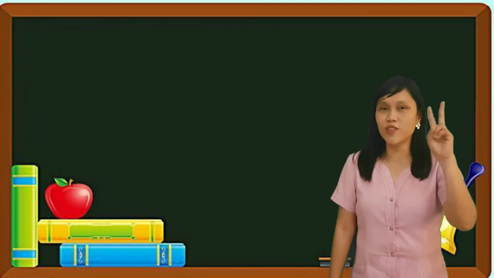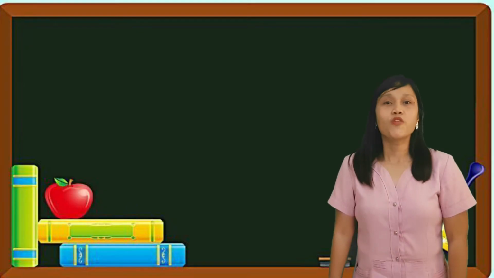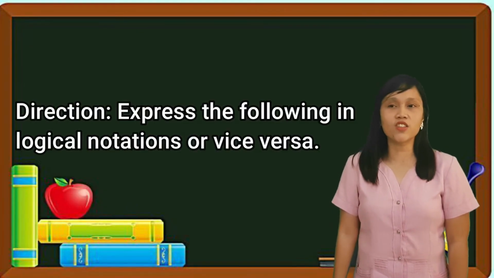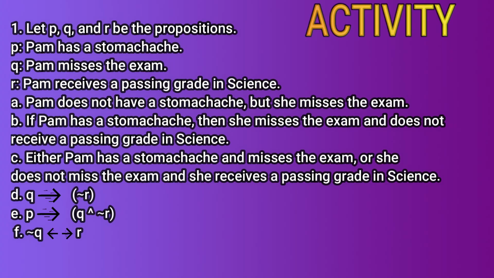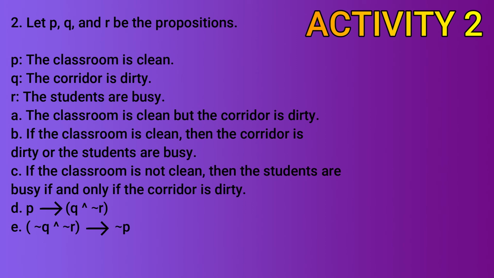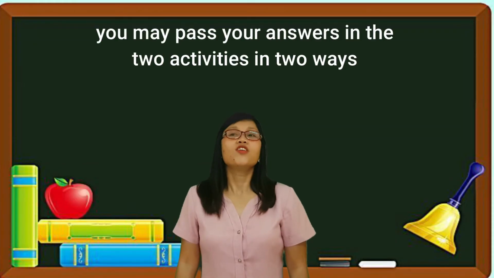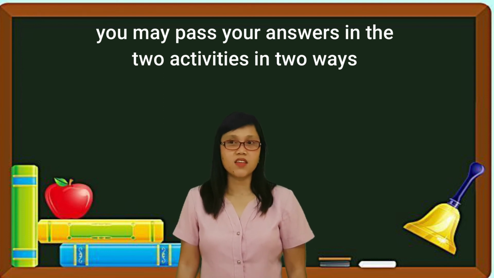For activity number 2, let's have the Express Me activity. For the Express Me activity, you must express the following in logical notations or vice versa. You may pass your answers in the 2 activities in different ways.